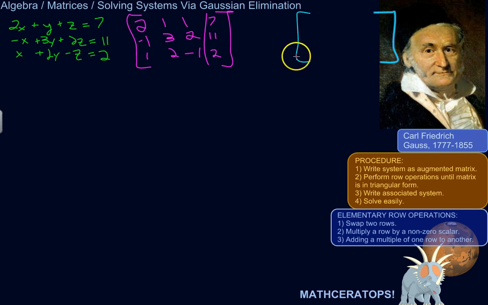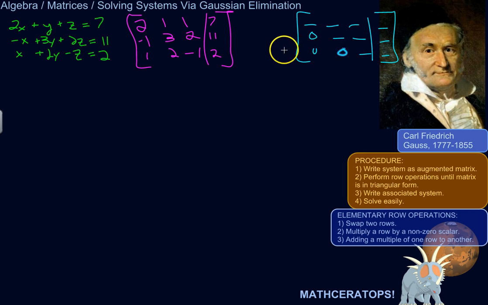Essentially, the constants over here will be whatever, but we'll just have numbers. Okay, so we'll have x, y, and z here, and then we'll have y and z, and then we'll just have z. So these will be zeros.